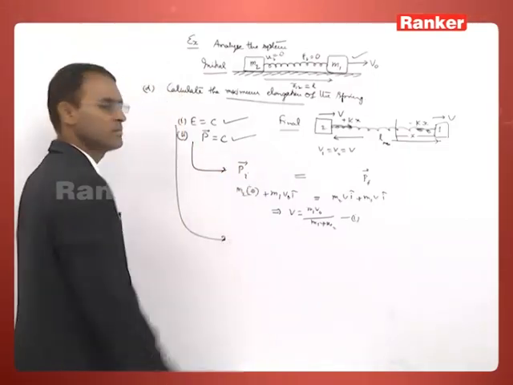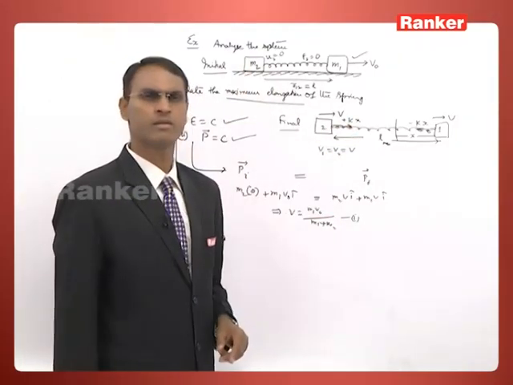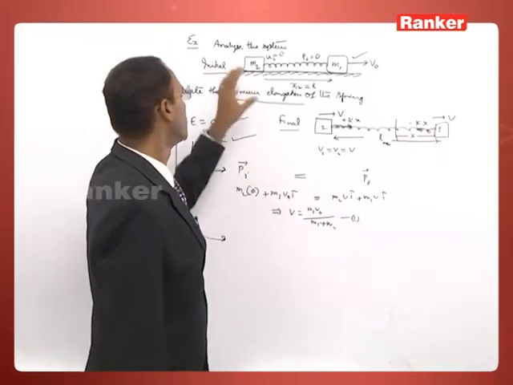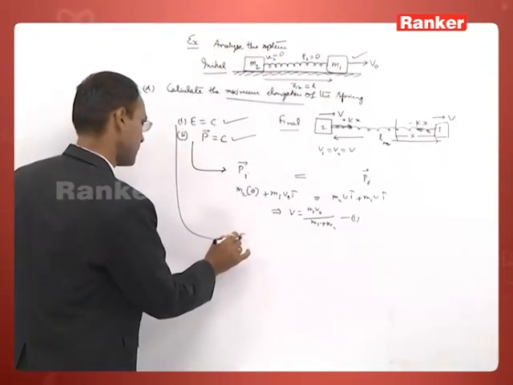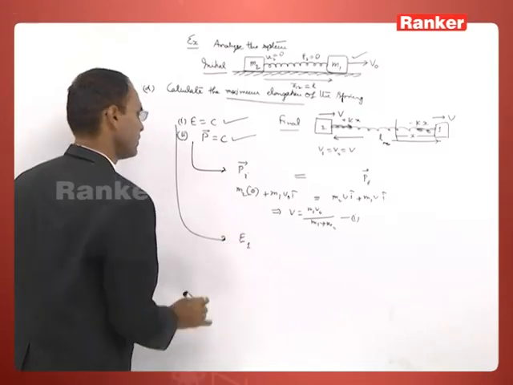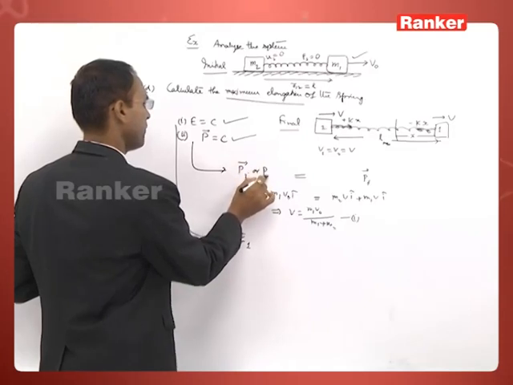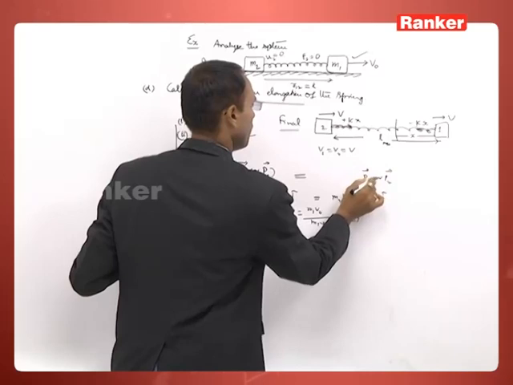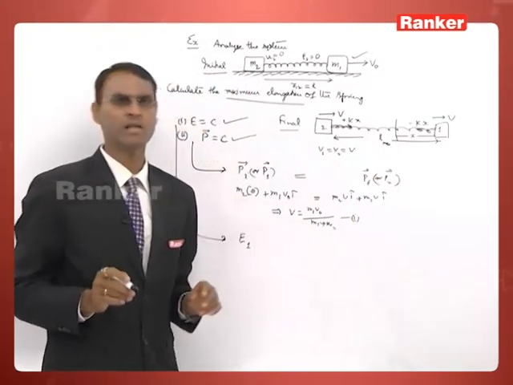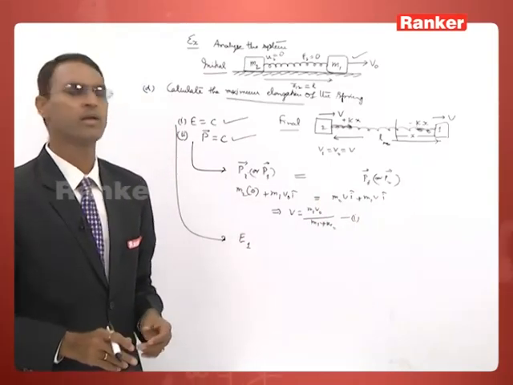Next, we can apply the energy conservation principle. The initial energy E1, you can write 1 or you can write i, it's your choice, or you can just write P1 or P2. 2 stands for final, 1 stands for initial, or f stands for final and i stands for initial.